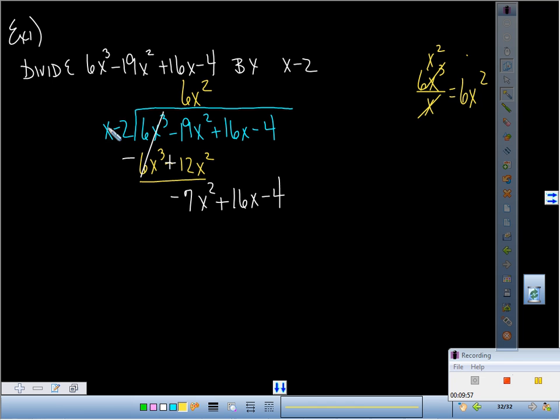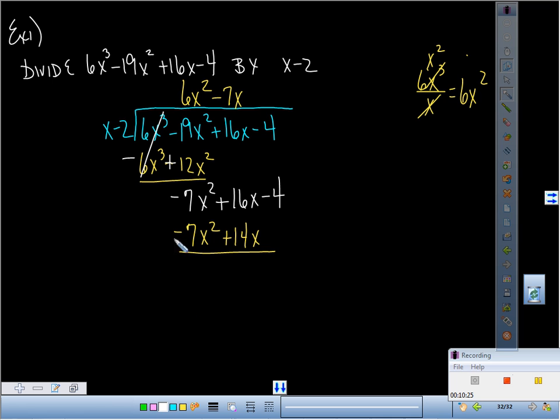Okay? What do you multiply x by to get a negative 7x squared? Negative 7x. And then I multiply. Y'all remember this? What's negative 7x times x? Negative 7x squared. What's negative 7x times negative 2? Positive 14x. And then I do what?